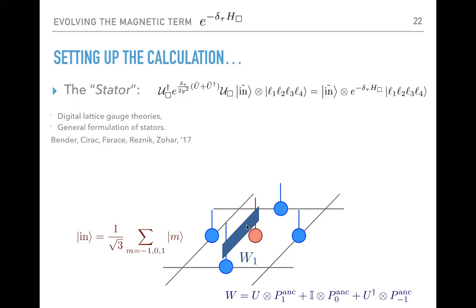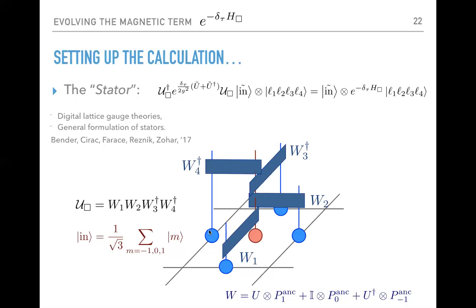They use this notion of gates because it's quantum computing language, but it's nothing but two-body operators. So we apply these two-body gates between the links and the ancilla, and in this way, we entangle the ancilla with each of the links of the plaquette. And we do that with all the four.